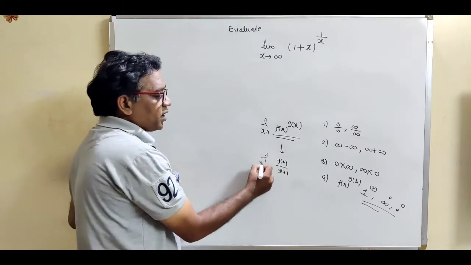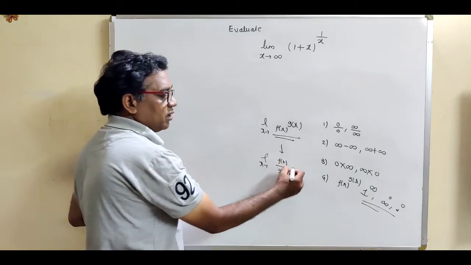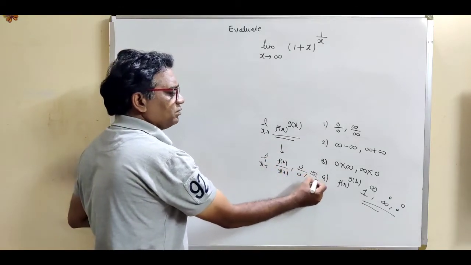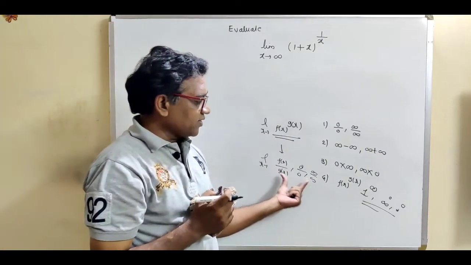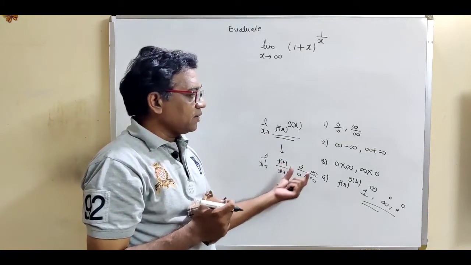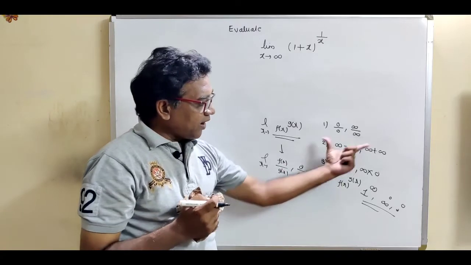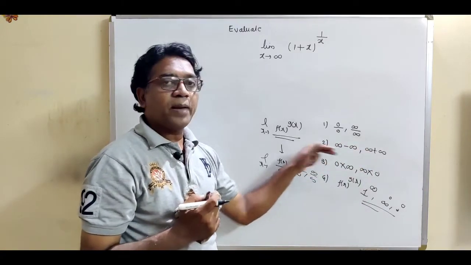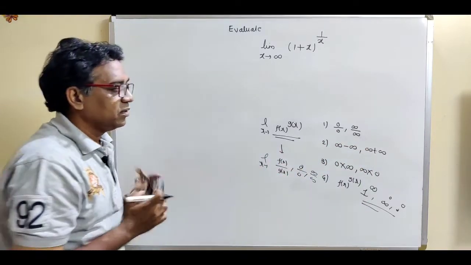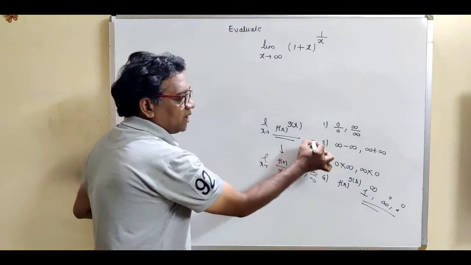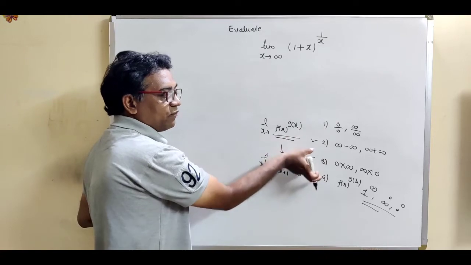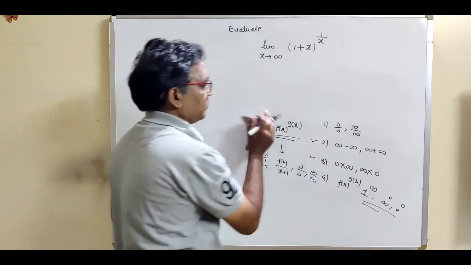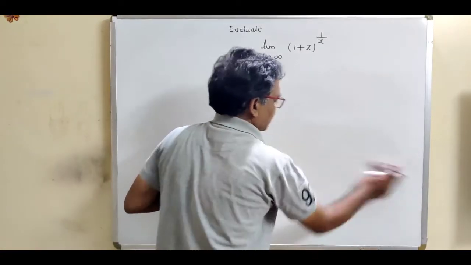If the limit form contains a division form, which is either 0 by 0 or infinity upon infinity, then we can directly apply the L'Hopital rule. For any of the other three cases, we cannot apply the L'Hopital rule directly. So what is the method? In these remaining cases, we have to convert the form into a division form. So write down the solution.